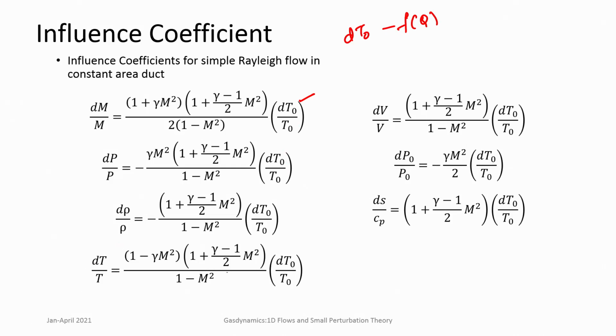You write down all the equations corresponding to the conservation equations, as well as the ideal gas law, P is equal to rho R T. What is Mach number? Mach number is V multiplied by A, and so on. And then club all of them together, take them simultaneously in a matrix form, and from there you can express every other function with respect to only dT naught by T naught as the driving potential or driver.